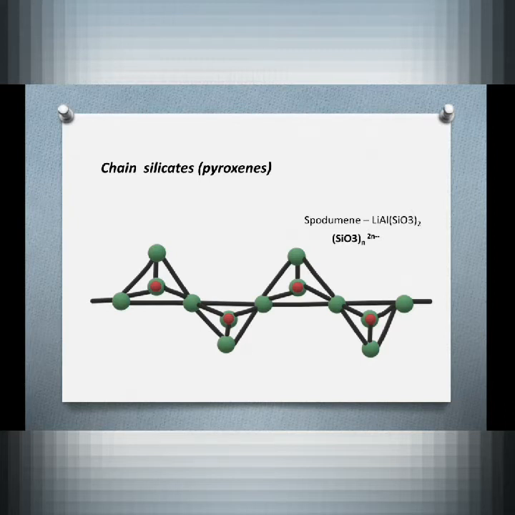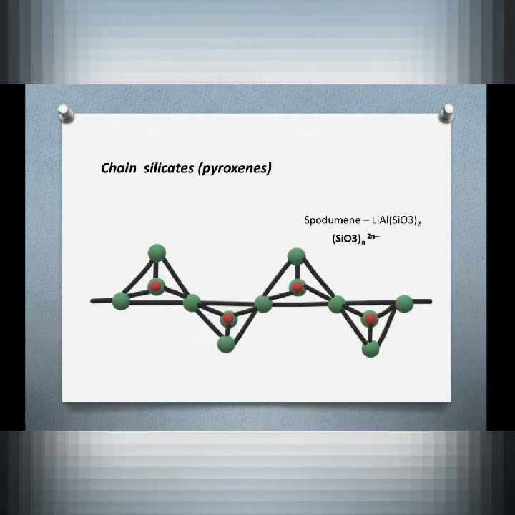And one example of this type of silicate is spodumene, and spodumene is lithium aluminium silicate, and in this case the silicate unit is (SiO3) whole twice, this means Si2O6, and as the number of repeating units is 2, the negative charge will be 2 into 2, that is 4 minus.